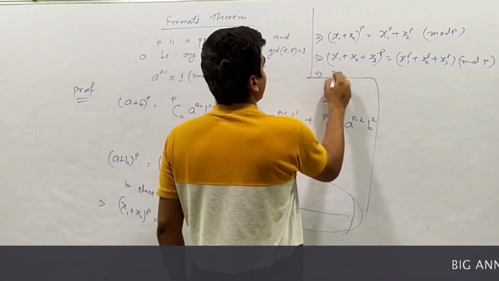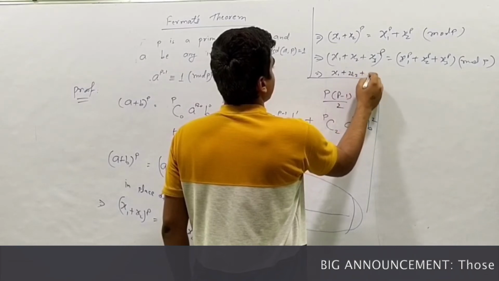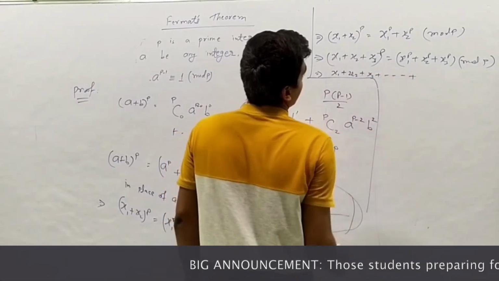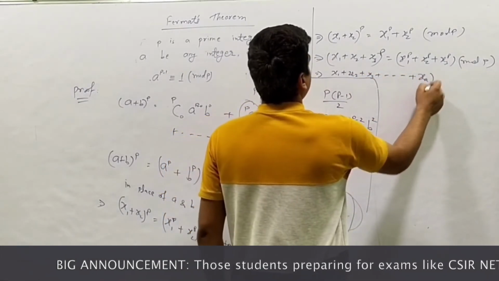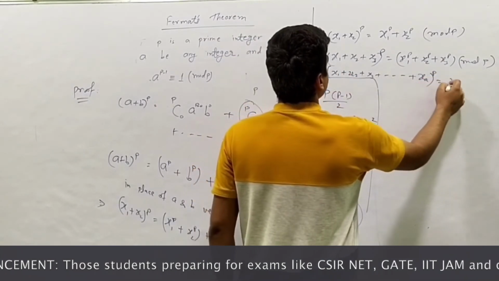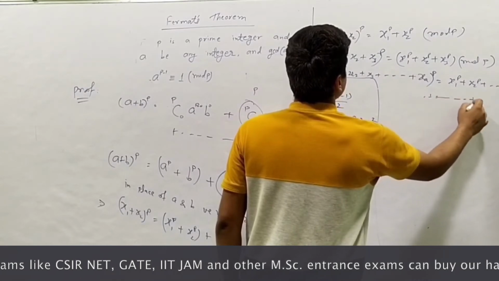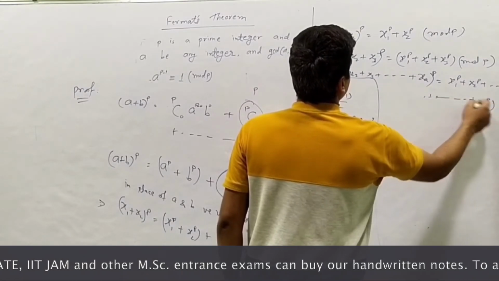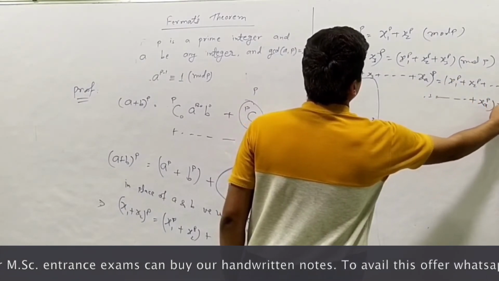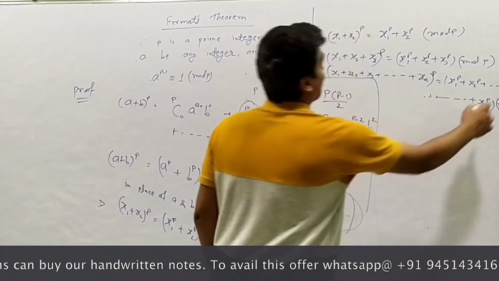Again generalize: (x1 plus x2 plus x3 plus and so on up to xa) raised to the power p is equal to x1^p plus x2^p plus up to xa^p, modulo p.